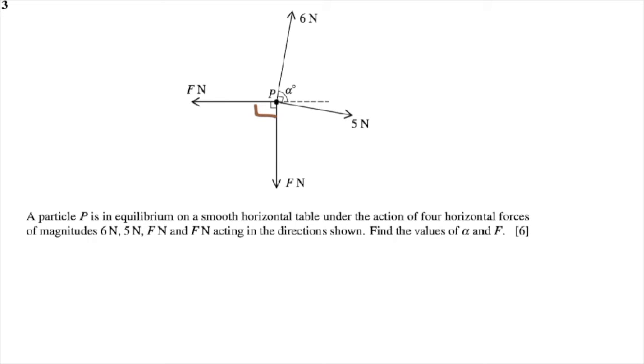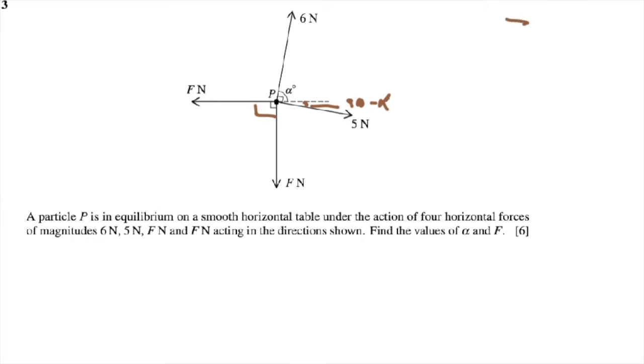If you look at it, between the 6 and 5 Newton forces, these two forces are also acting at a right angle. So that's a right angle. If that's alpha, then the little part should be 90 minus alpha.